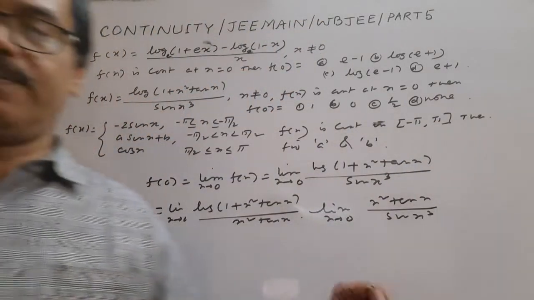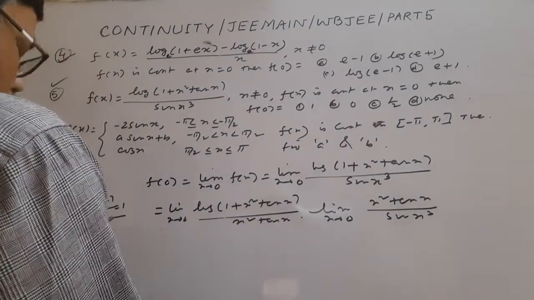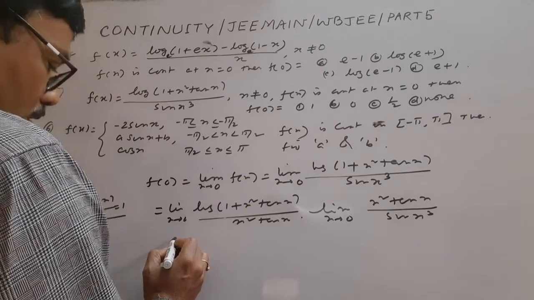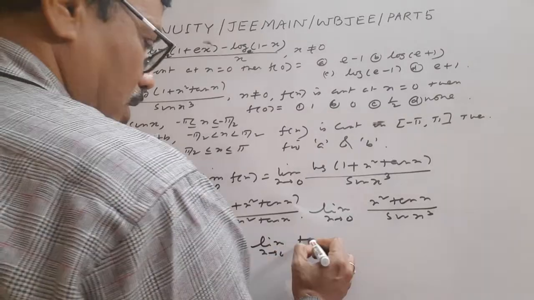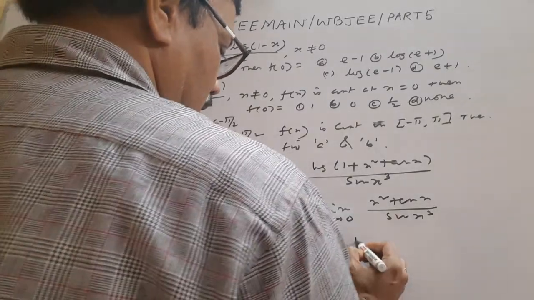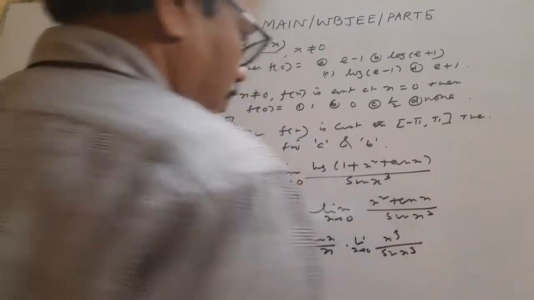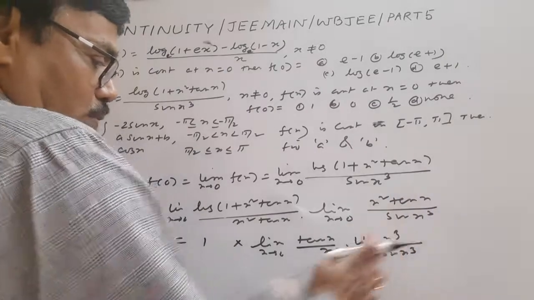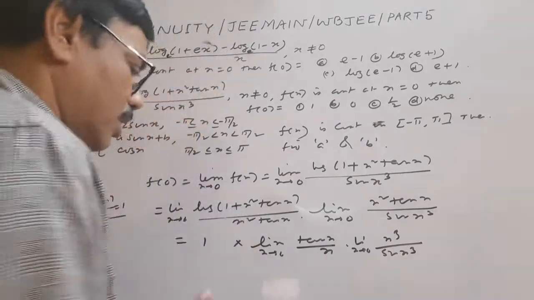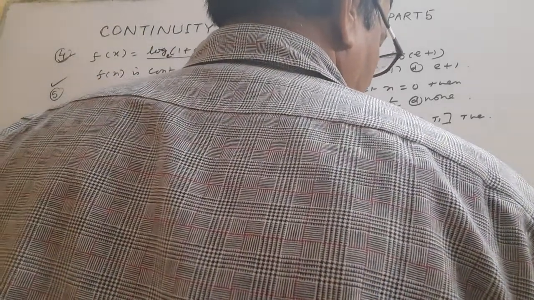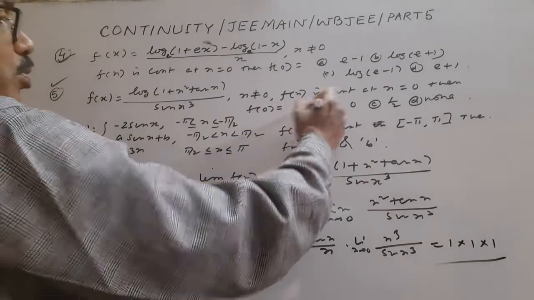Remaining same. So log(1 plus x) by x, x tends to 0, is 1. And this is limit x tends to 0 of tan x by x into limit x tends to 0 of x cube by sin x cube. So x cube by x, x square, tan x by x. Finally, this is 1, this is 1, this is 1. So what is f(0)? f(0) is 1.